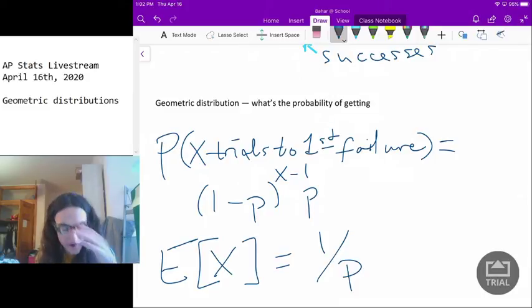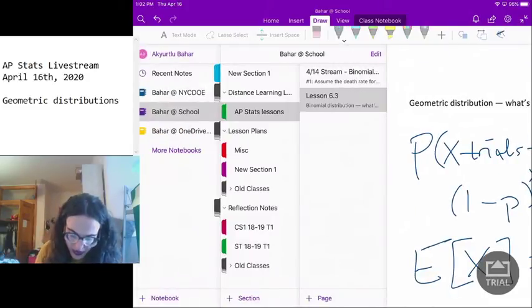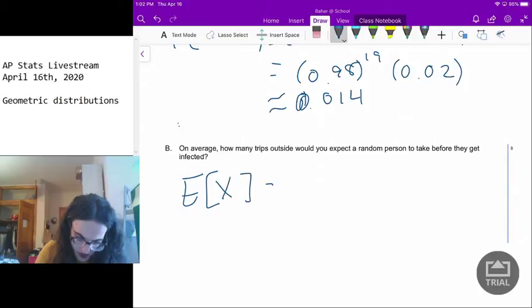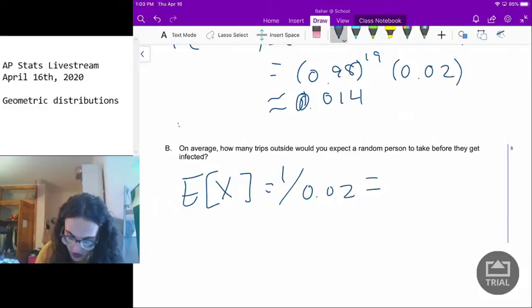So if we have a 0.02 probability of success, then the expectation is going to be 1 over 0.02.